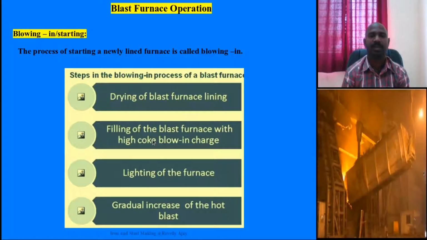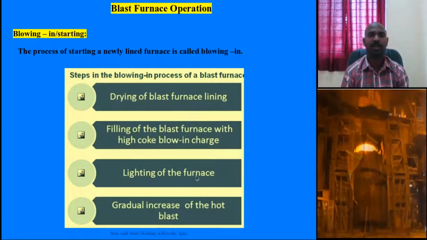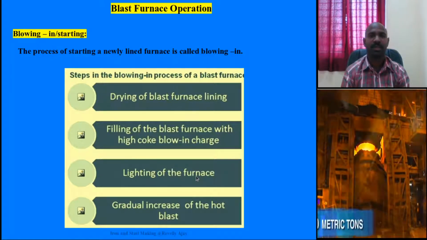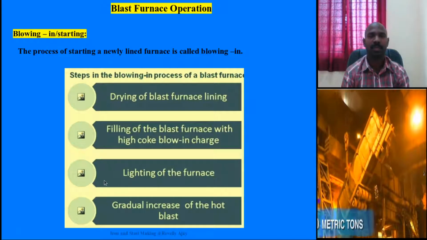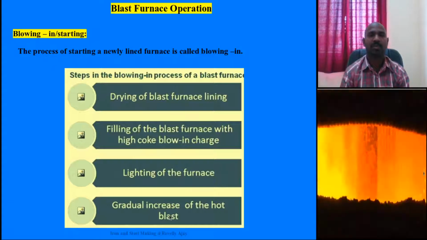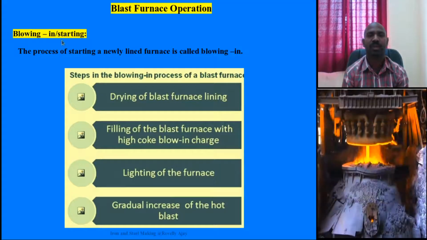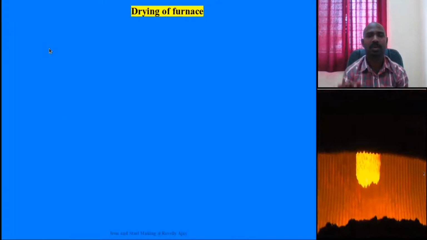Fill and start the blow in and lighting of the blast furnace. Ignite the furnace by giving initial fire to the wood strips and gradually increase the hot blast pressure, so that the temperature also increases. These are the series of 4 steps included in the blowing in process.